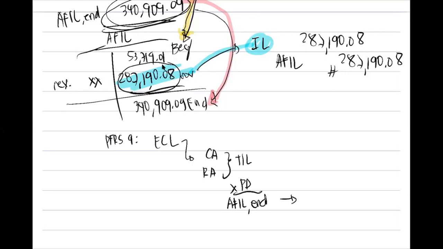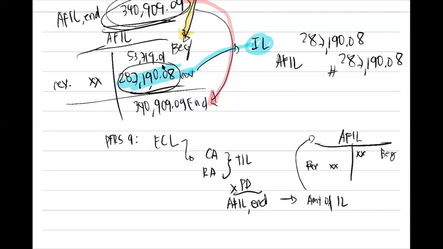Since the AFIL end is given, you need to compute for the amount of impairment loss. How do we compute it? Using our T account, you have the allowance for impairment loss beginning, and if there is a reversal or an additional provision, then the ending. Since the ending is given, what we can compute is the provision.